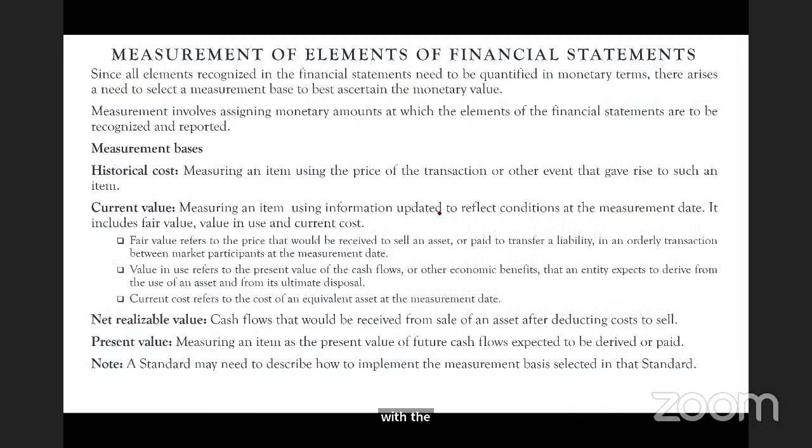Then going back to our question, we want to prepare financial statements. The financial statements have elements that we have looked at, and we have seen how to recognize them.